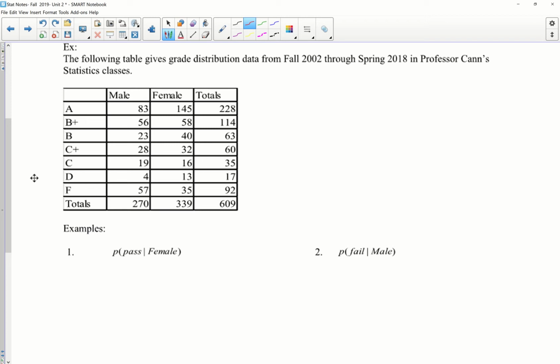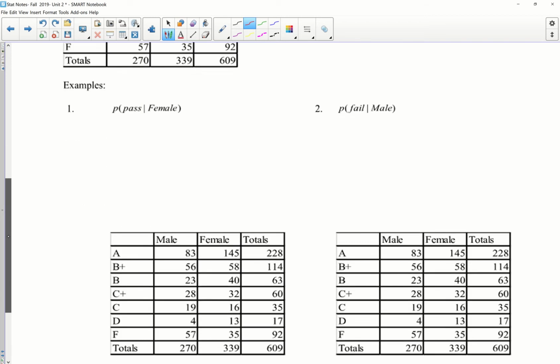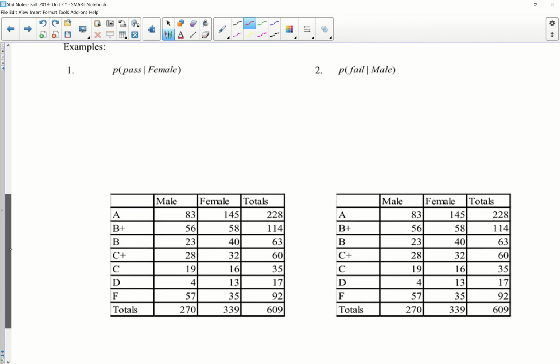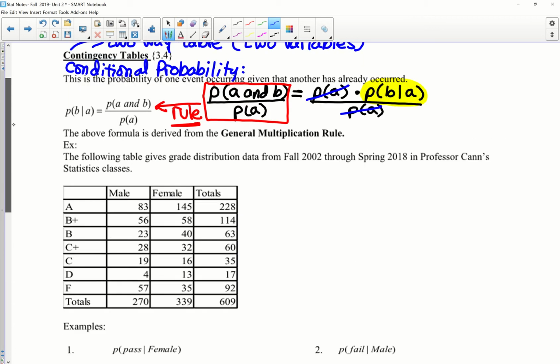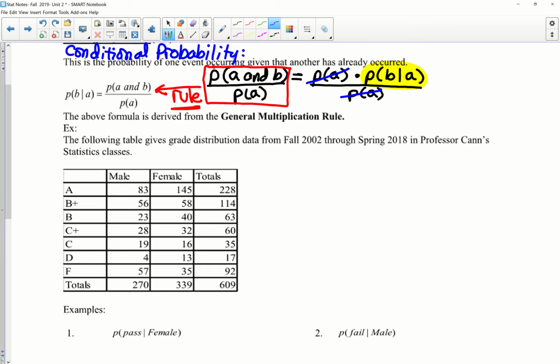So the first one is the probability of passing given that you're a female. All right? So the notation is saying that it's a given fact that you're a female. Now, you could go by the formula. I'll show you the formula this one time, and then I'll show you how you don't need to use the formula at all. All right? So let me just recall the formula. It's the probability of A and B over the probability of A, but in this format.